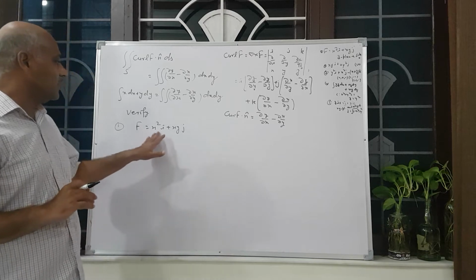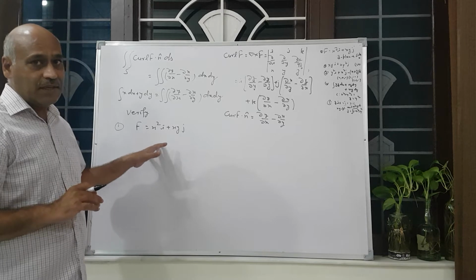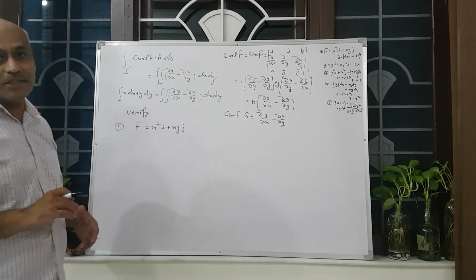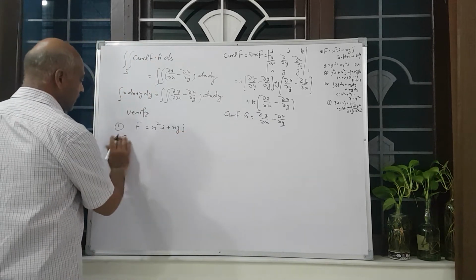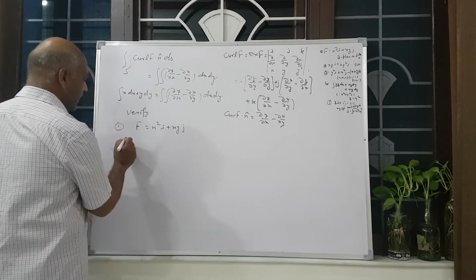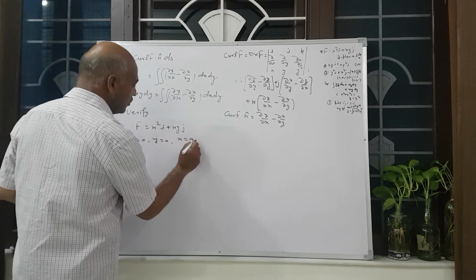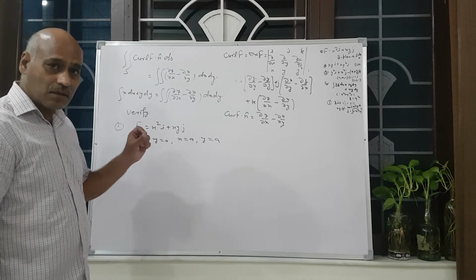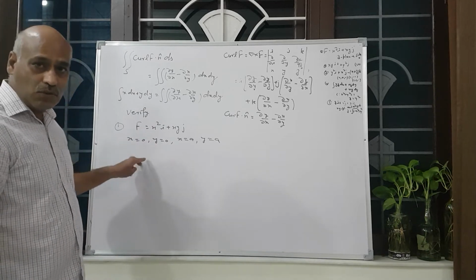This is in the xy plane, a square bounded by the lines x equal to 0, y equal to 0, x equal to a, y equal to a. The curved area is closed by these lines.